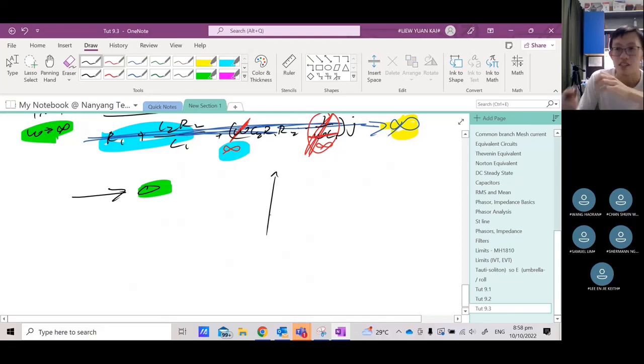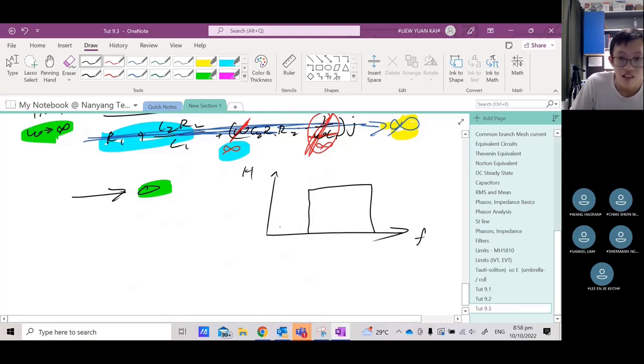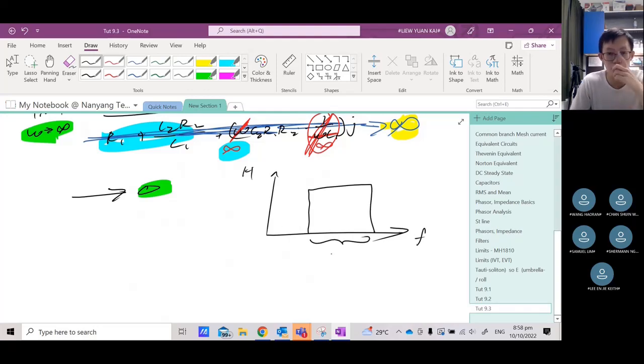Band pass filter means there is a band of frequencies that has some gain. Okay, let me show you what I mean. When I show you the gain versus frequency graph, there will be just a band of frequencies that allow the current to pass through.